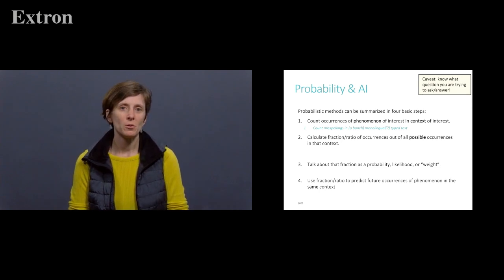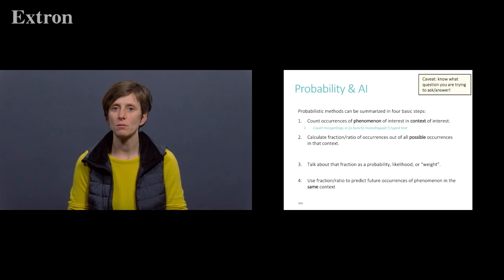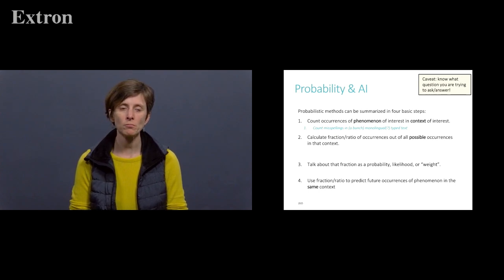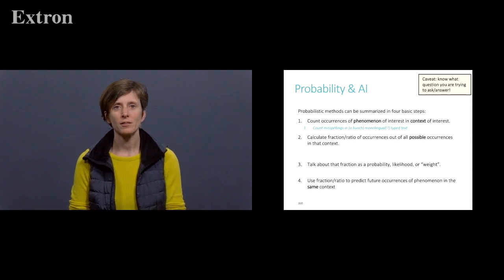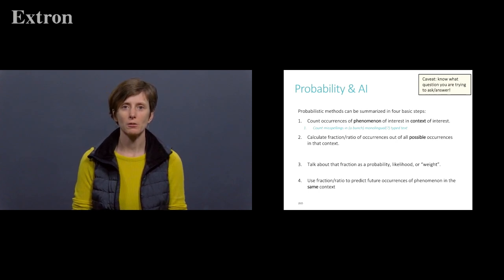Let's say we want to build a spell checker that is customized and optimal for non-native English speakers to help them. Then our context of interest would be people who are non-native speakers typing in English. So we're going to count the misspellings in all the typed text we can get our hands on that was made by non-native English speakers typing in English.